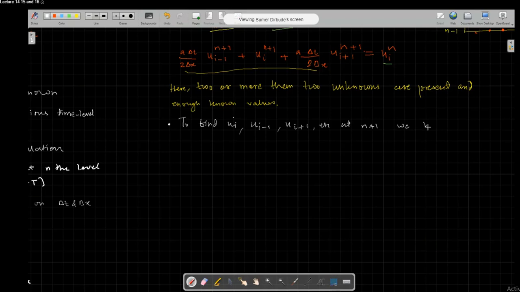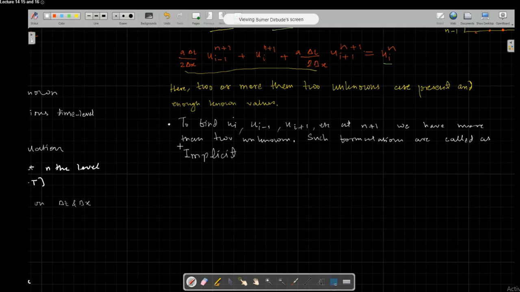we have more than two unknowns. Such formulations are called implicit formulation.